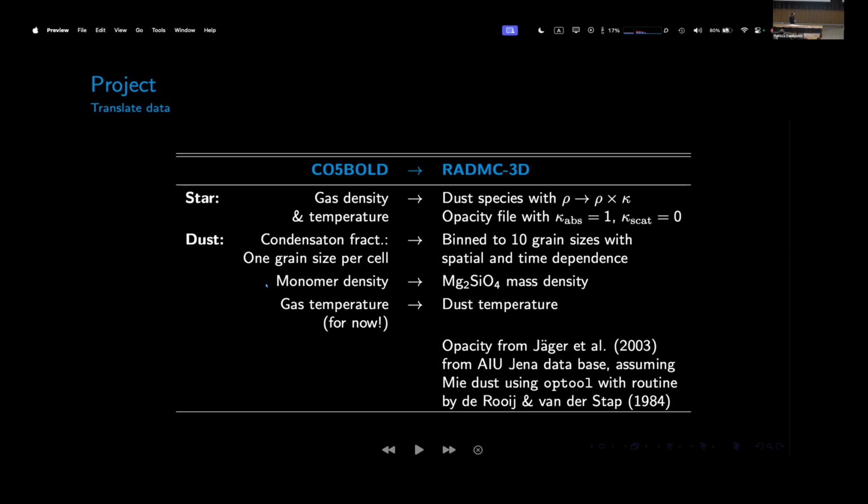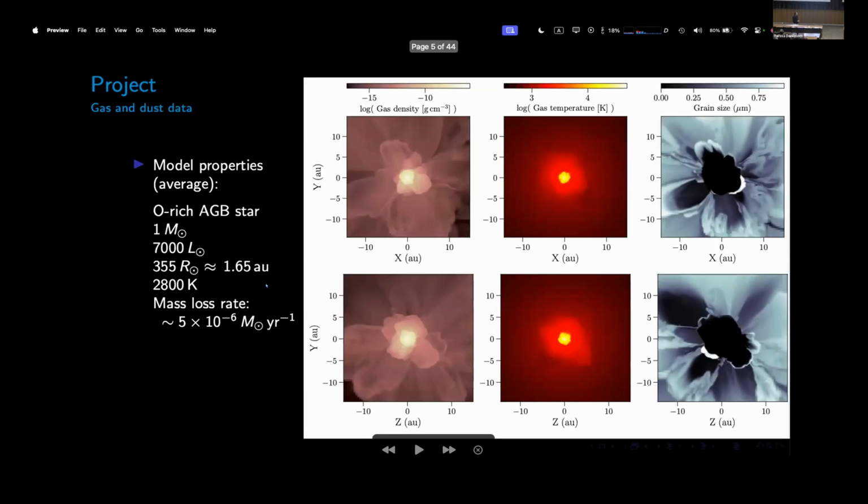For now, I use the gas temperature from Cobalt as the dust temperature. I can explain why later if there's time. The dust opacity data is just from online, from laboratory data, and we assume forsterite and Mie dust in my radiative transfer simulation.